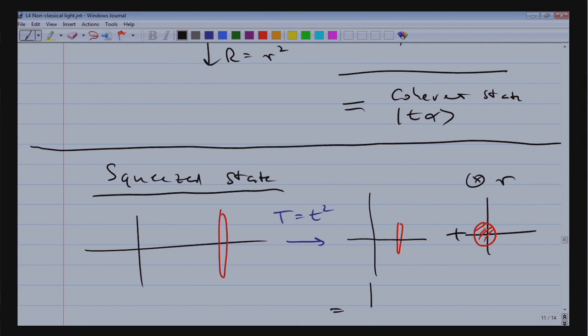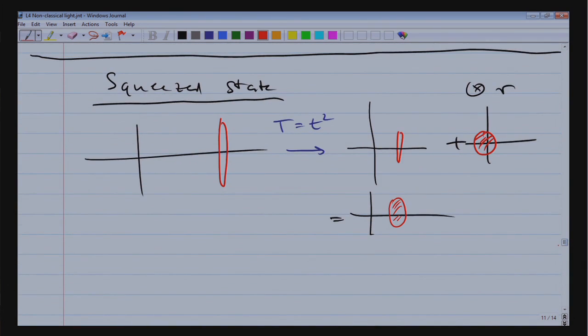But what you get now is, from your ellipse, something which is much more egg-shaped now. So in other words, you can write it down with operators, but once you understand what is going on, you immediately realize that losses reduce the squeezing.